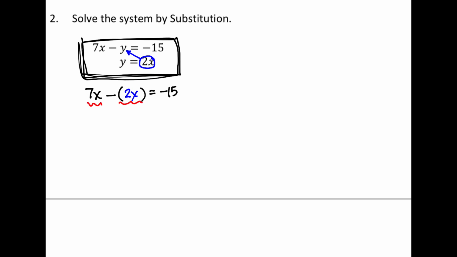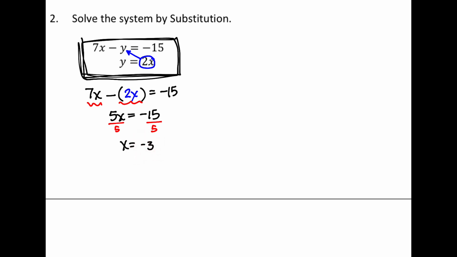Combine like terms. So we get 5x equals -15. Divide by 5, and I get x equals -3. Okay? Solve, substitute, solve. So now I substitute. I always run out of space going straight down, so I do the first one here and the second one here, but you can continue down the page if you want. So, where am I going to substitute?